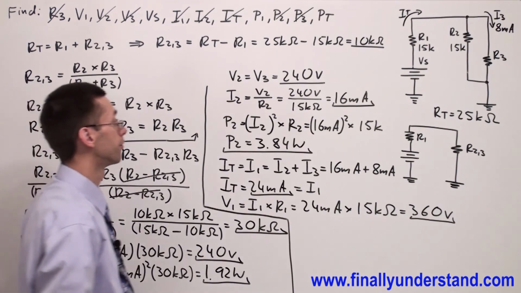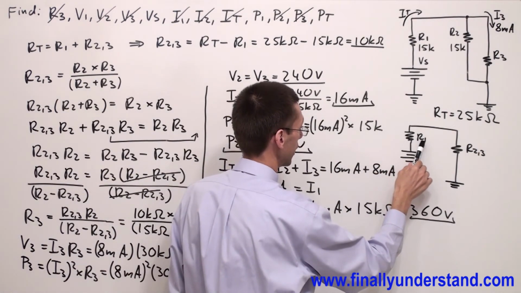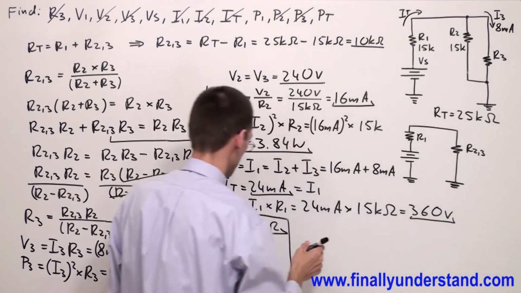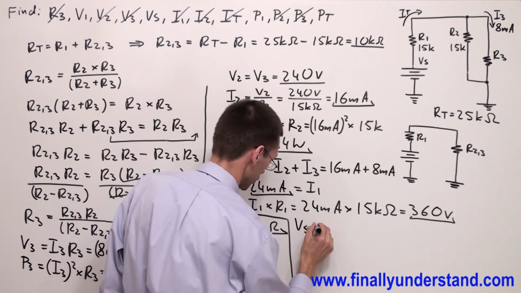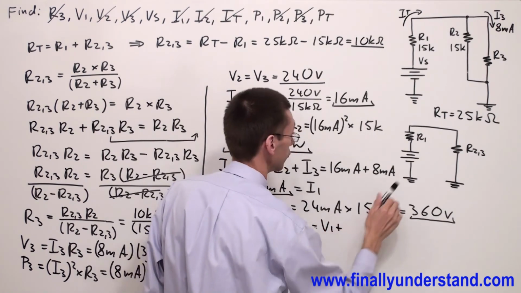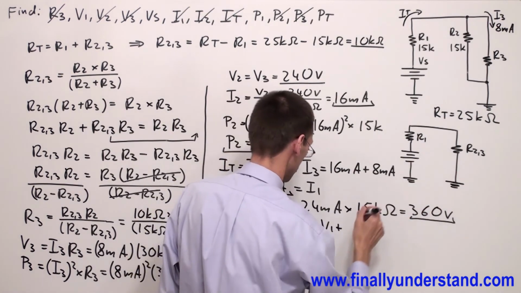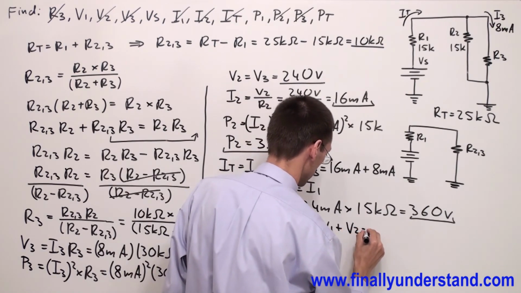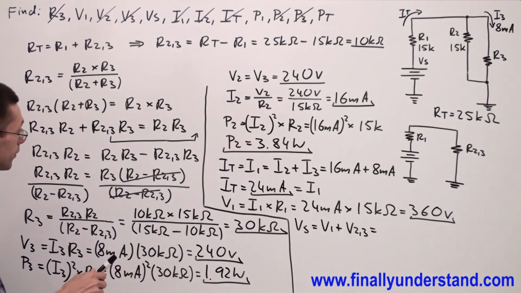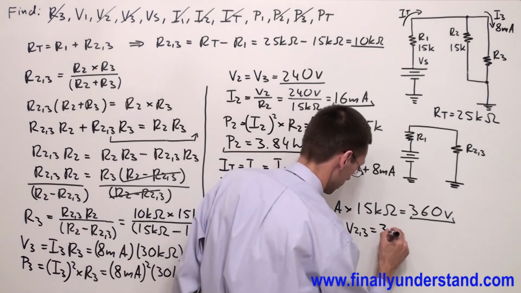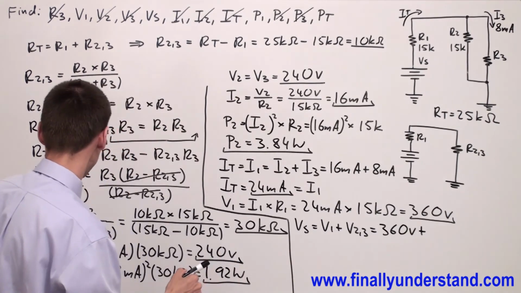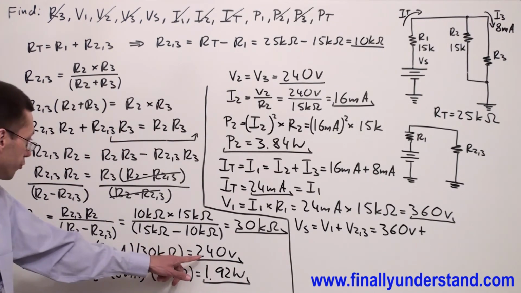So we have voltage across resistor R1 and we have voltage across the combination of these two resistors. So in order to find the voltage source, you're supposed to simply add the voltage drop across resistor R1 plus the voltage drop across resistors R2, 3. Okay, so V2, 3. So we found that V1 is equal to 360 volts plus V2, 3 is equal to 240 volts.